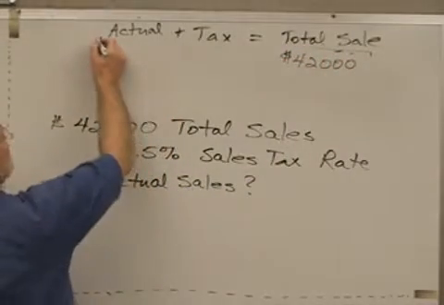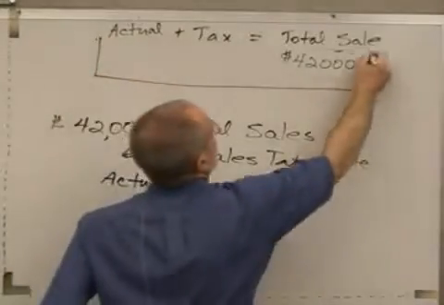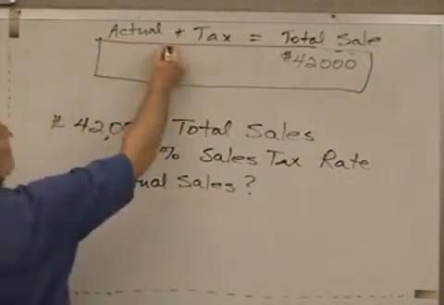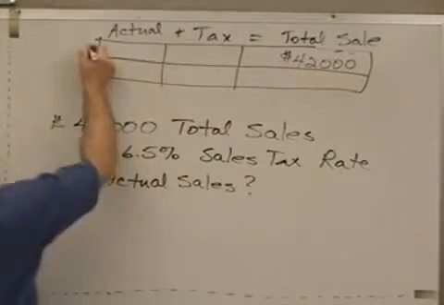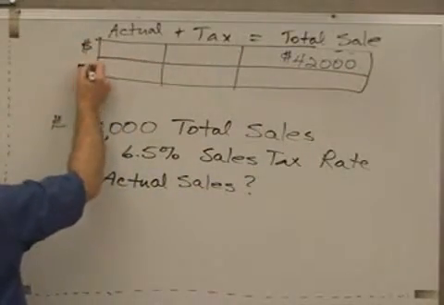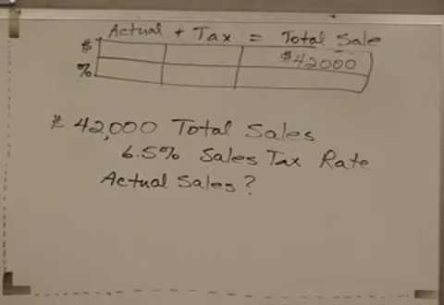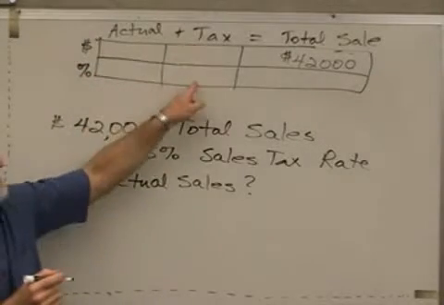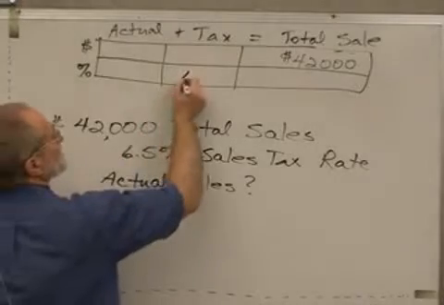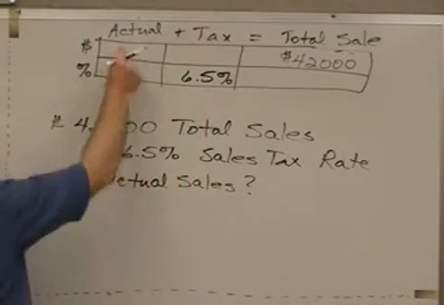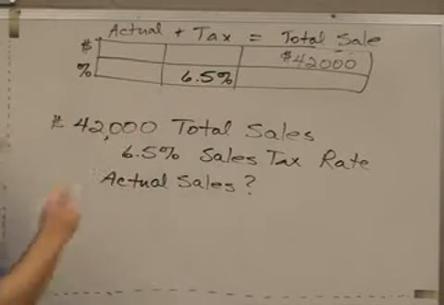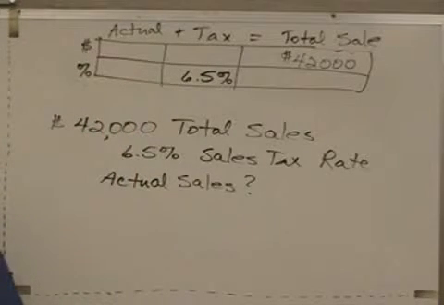The tax rate is what? 6.5%. And where does that go in the grid? That goes under tax. That's the bottom, isn't it? 6.5%. And now they want to know what were the actual sales before tax.